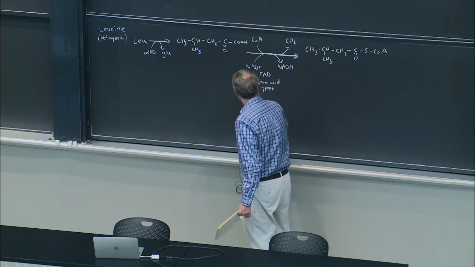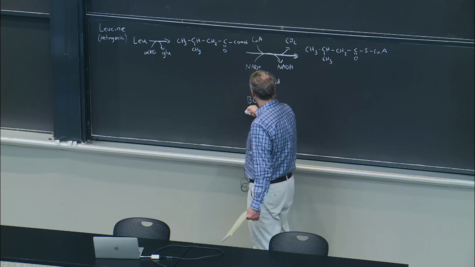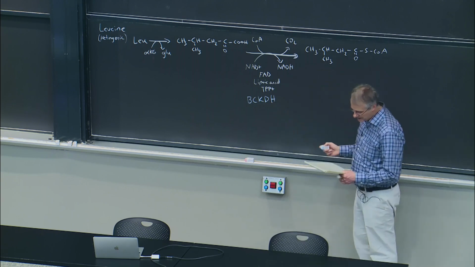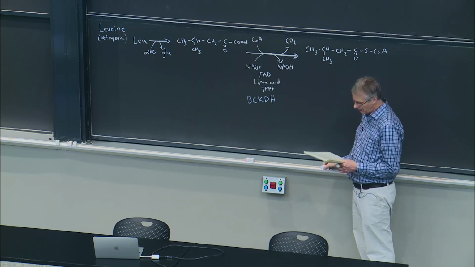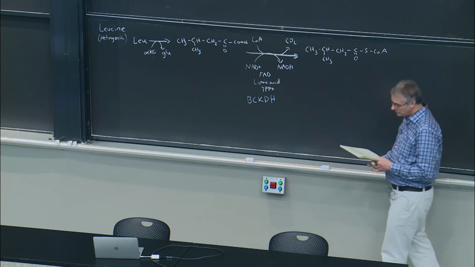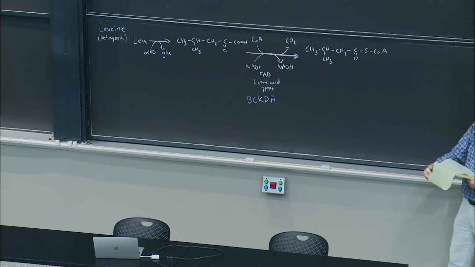In this case, this enzyme is called BCKDH for branched chain keto acid dehydrogenase, and allows the oxidative decarboxylation to generate this branched chain acyl-CoA.